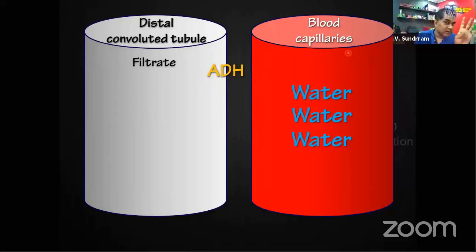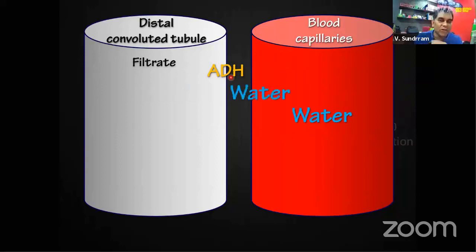Osmoreceptor in the hypothalamus, 1 mark. Pituitary gland releases ADH, 1 mark. ADH is going to do something here, and that's something you need to tell me. According to this animation, if there is ADH, more water is reabsorbed.